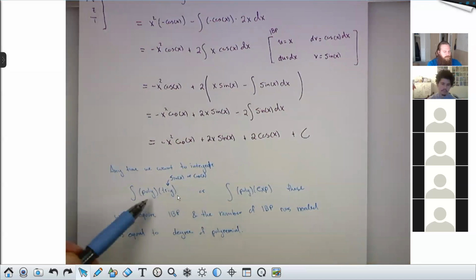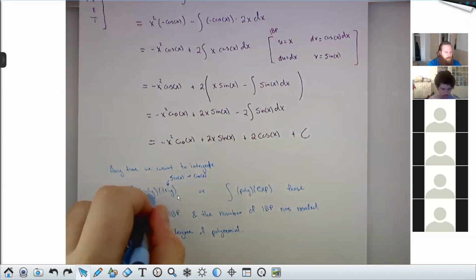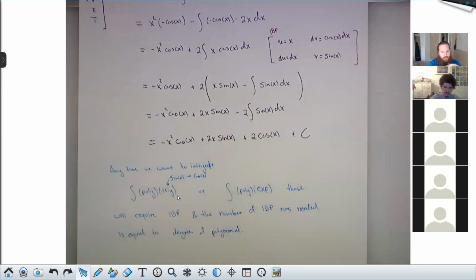If the polynomial outside was exactly the derivative of the inside of the trig function, then you can get away with a straight U sub. Okay. Certainly in the case we have a higher order polynomial times sine x or cos x, then you will need IBP. And then my second question was, what if there's more than 2 factors in the original integral?